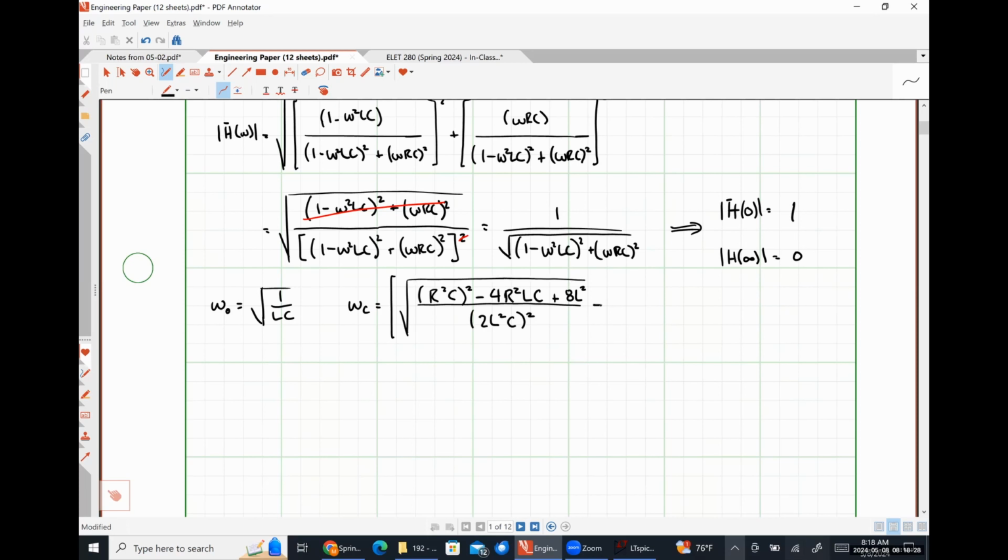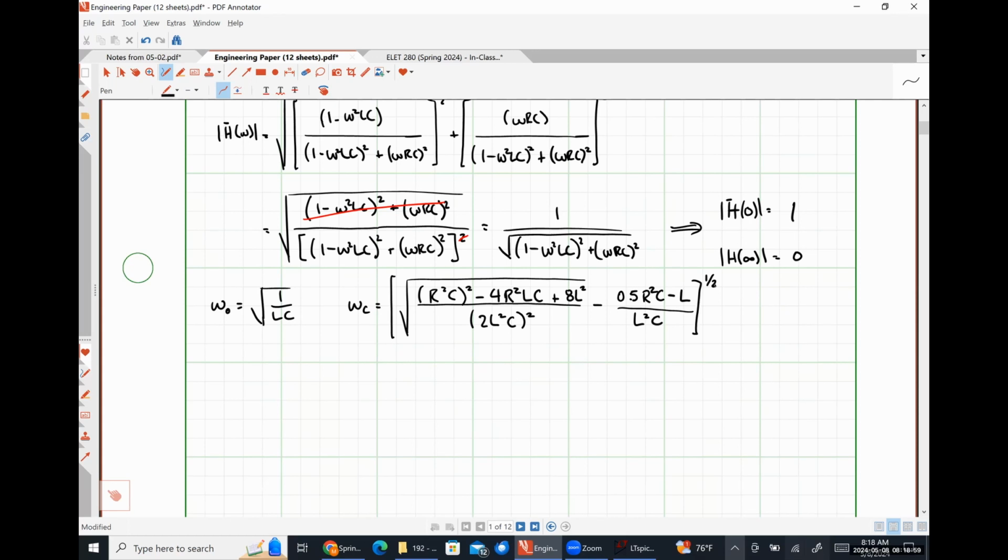Outside of that square root sign, we have 0.5 r squared C minus L divided by L squared C, close brackets, and then putting this to the 1/2 because I didn't want to put another square root sign in there.